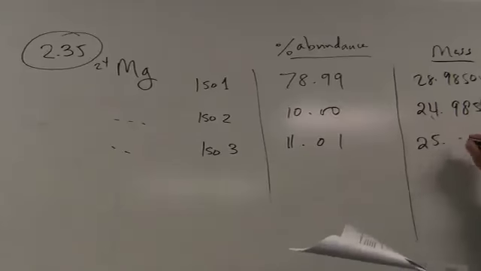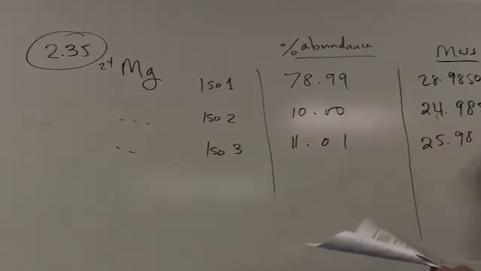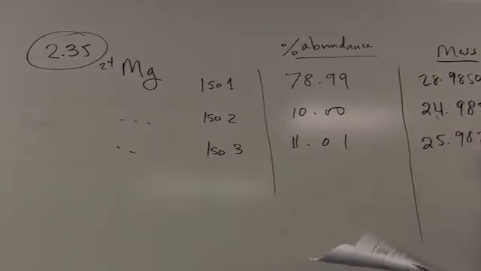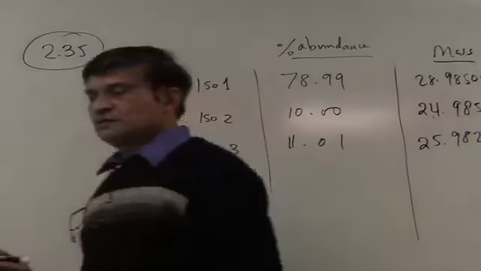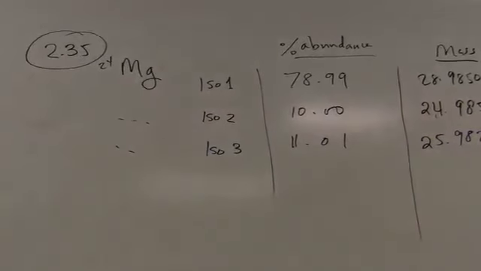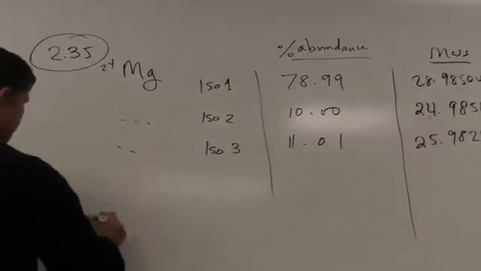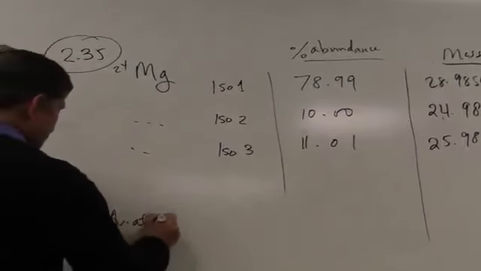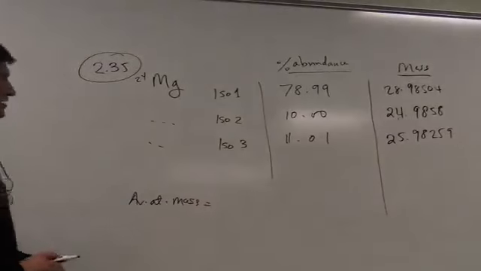25.98259. Okay. With these values, let's calculate the average atomic mass for magnesium. In case you need some clarification, let me go over this.